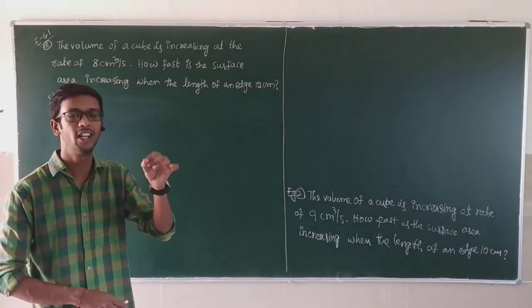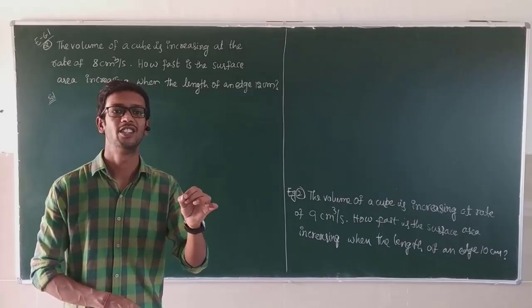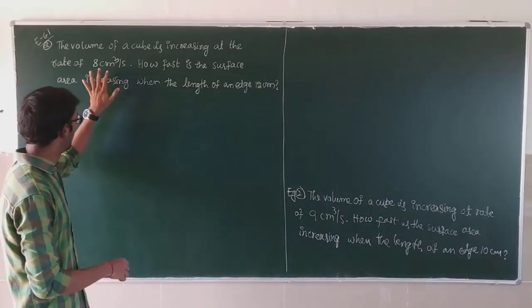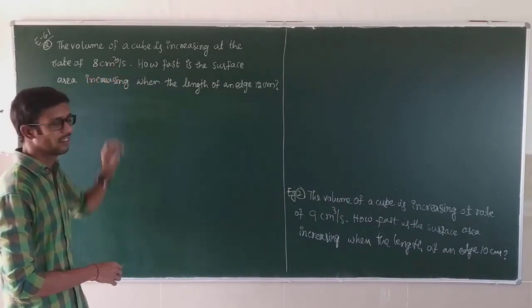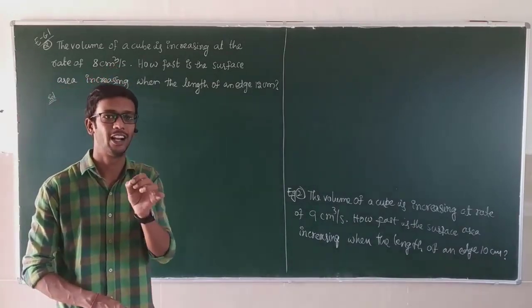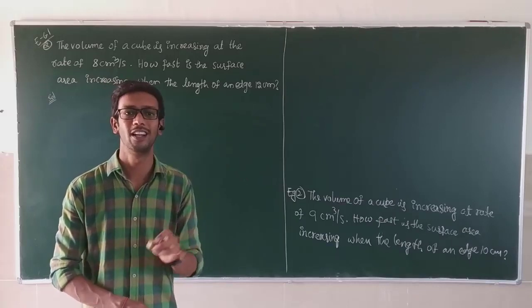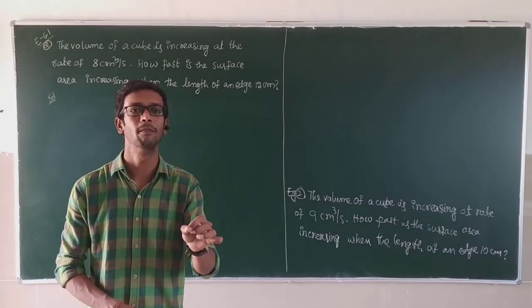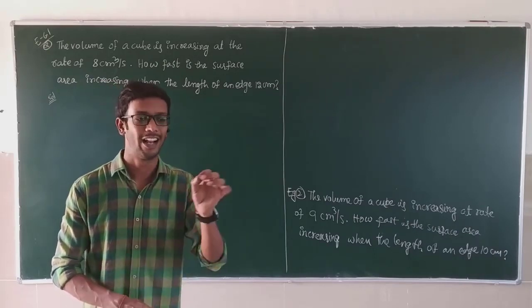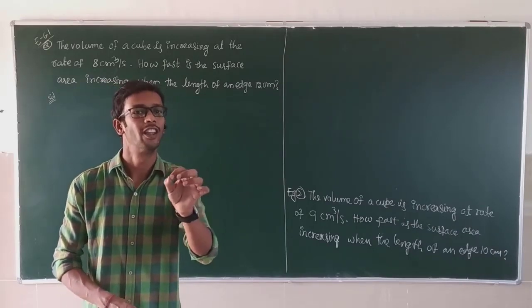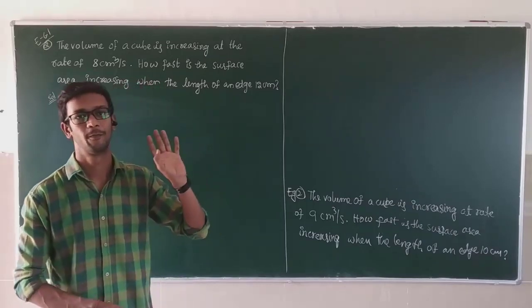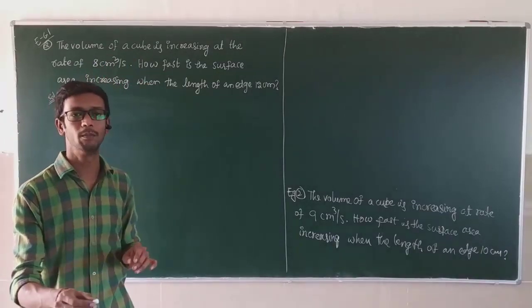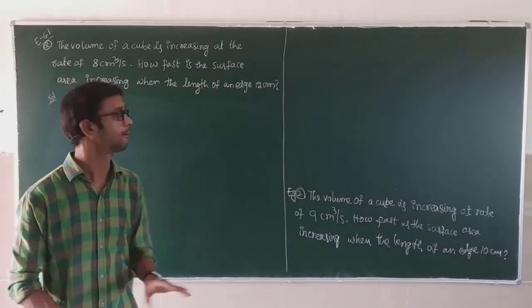The change in volume they given, 8 centimeter cube per second. 1 second 8 centimeter cube is increasing. With respect to time, volume is increasing. The rate of change of volume with respect to time they given. This word meaning the rate of change of volume with respect to time.